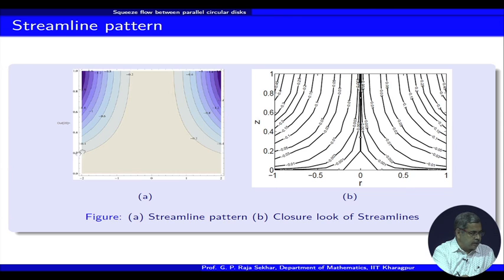So, these are psi equals to minus 0.2, psi equals to minus 0.6, psi equals to minus 0.8, and so on and so forth. But we would like to see what really happens at a closer look. So, these are using Maple, drawn with a much closer, denser plot.